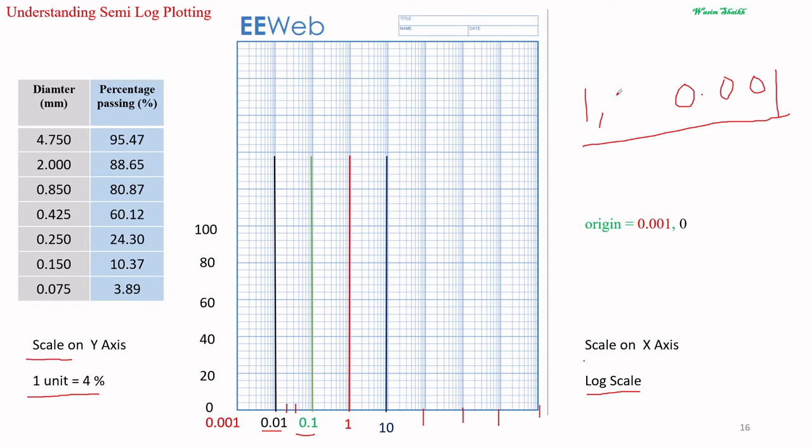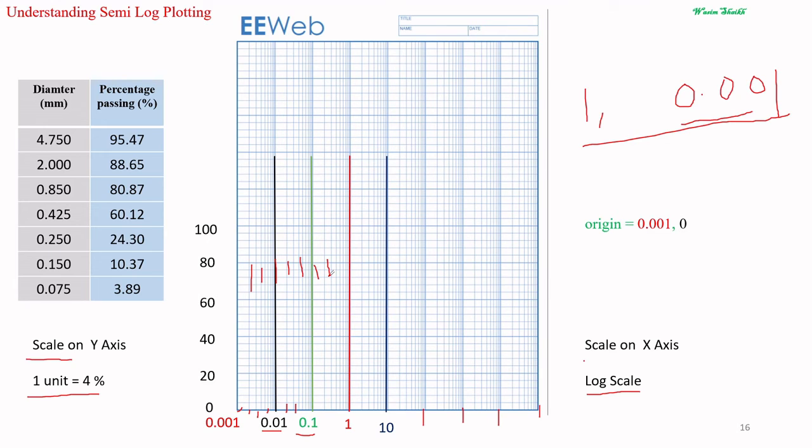Let's say you start with 0, then 0.1, 0.2, 0.3, 0.4, 0.5, 0.6, and by the time you reach 0.001 or 1, you need at least 1,000 of these lines, which is not possible on a normal graph paper. You need a very long graph paper.